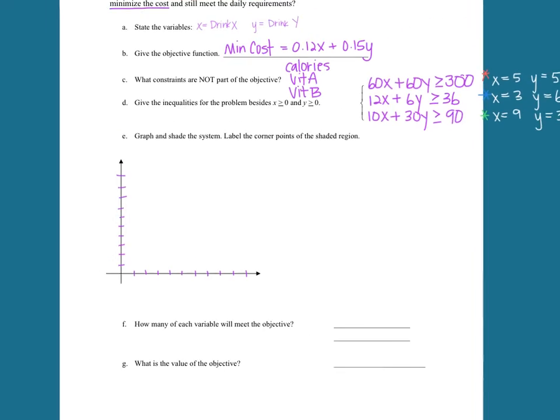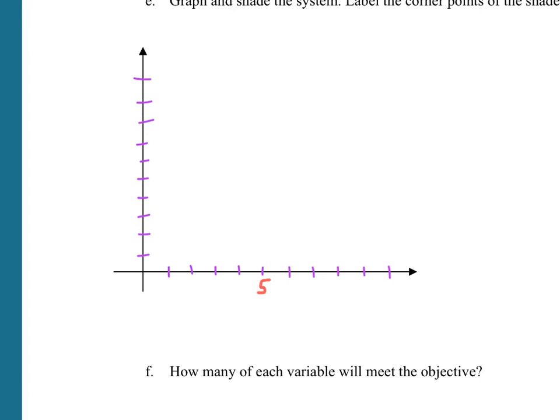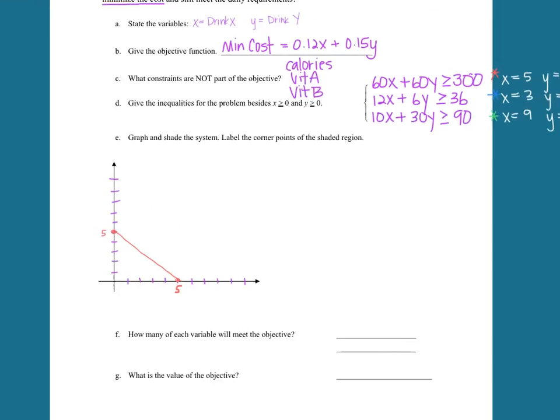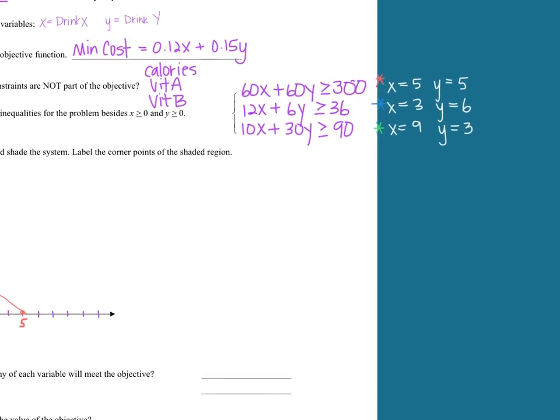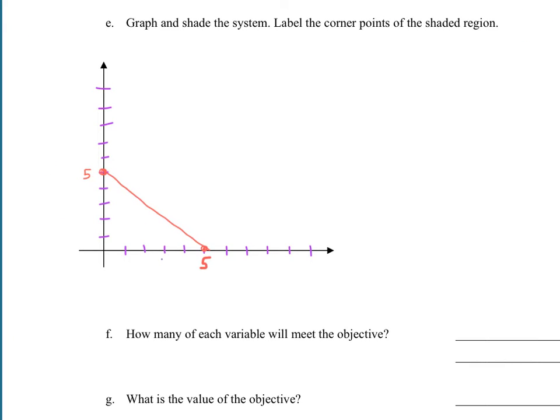All right, I'll do my red one first. 5 and 5. So I've got 5 here, connected to 5 here. And I'll be shading above that line. My blue, X is 3, Y is 6. So X is 3 here, Y is 6 here.